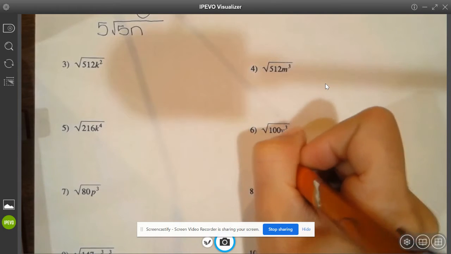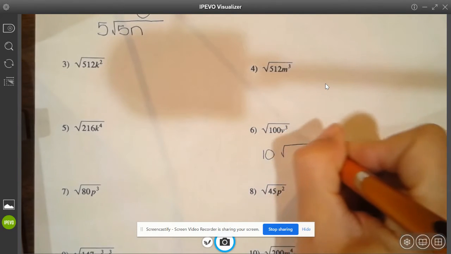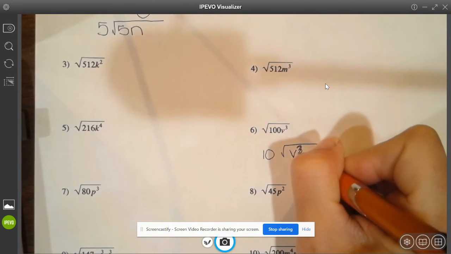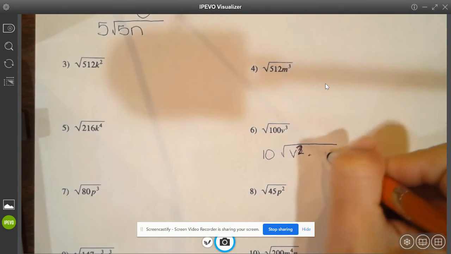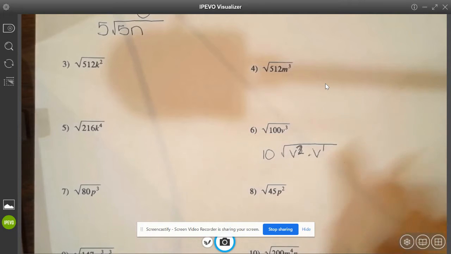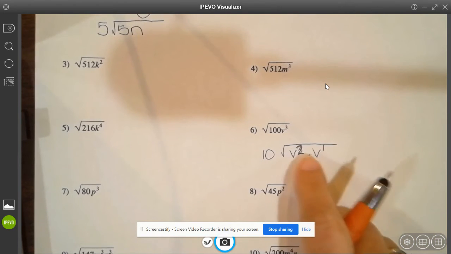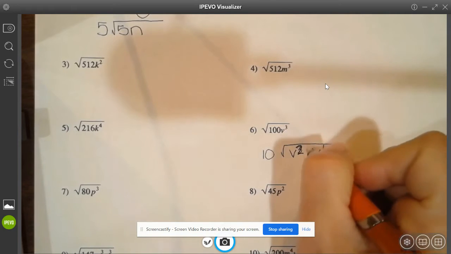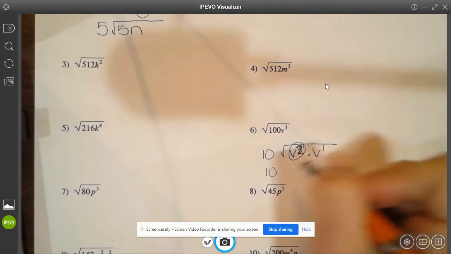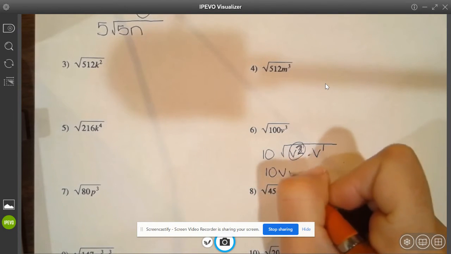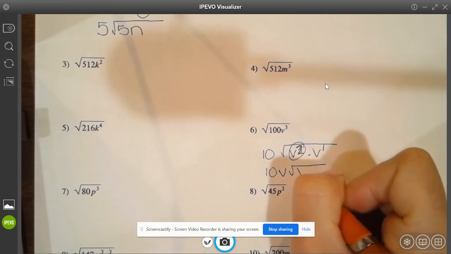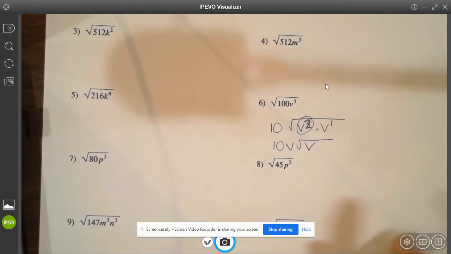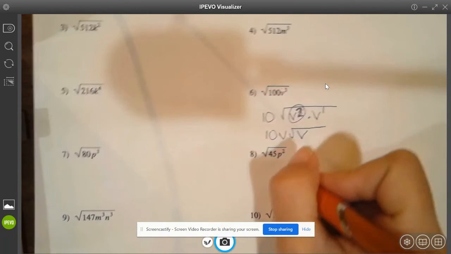So you take 10 out, and then just remember that we can break this into b squared and v, and one more v, right? That's 2 plus 1 is 3. Then we can just take the square root of this one. So that's 10, and then take the square root of v, which is v, and then just leave one v in there.